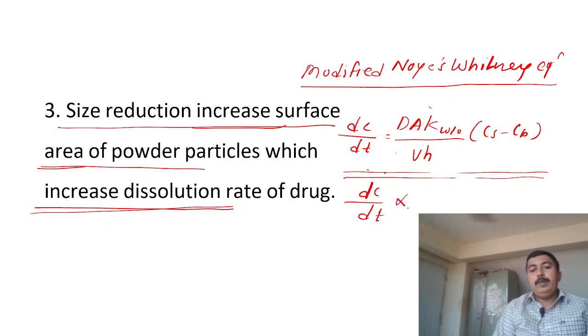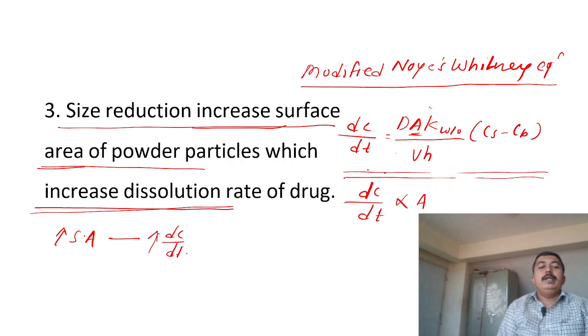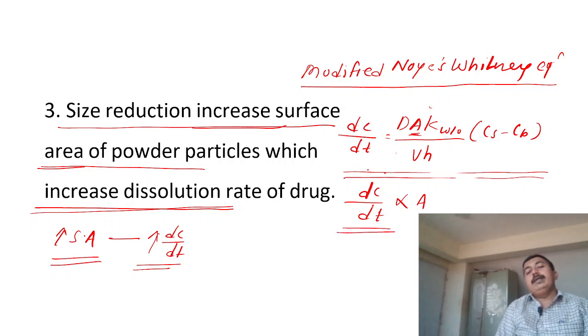It is directly proportional to the surface area. Means if the surface area is more, the rate of dissolution dC/dt is also more. So what is the equation for rate of dissolution? Rate of dissolution means dC/dt.